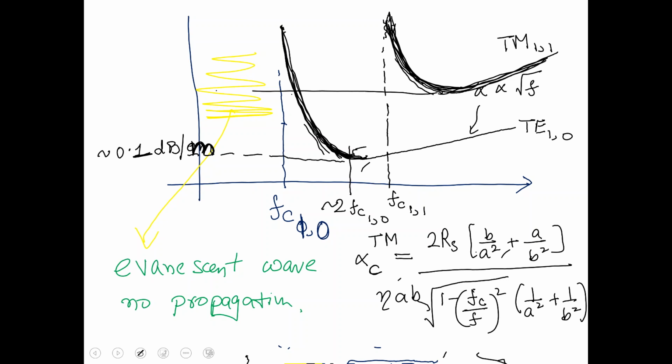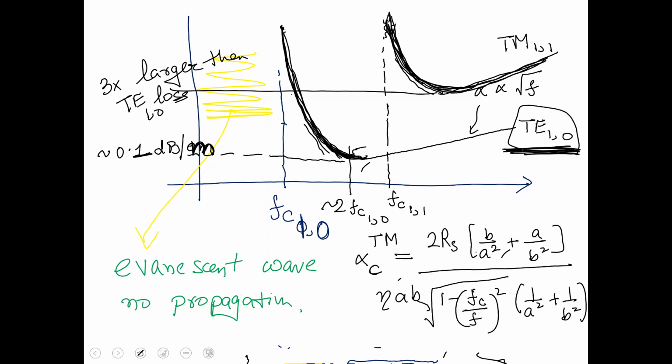This loss is approximately 3 times larger than the TE loss for practical waveguides. So it's very clear why we like to use the TE10 mode.